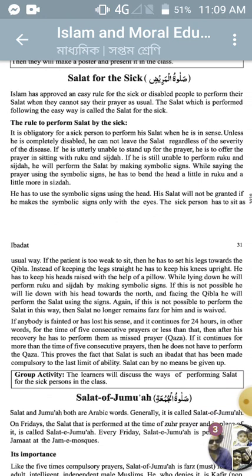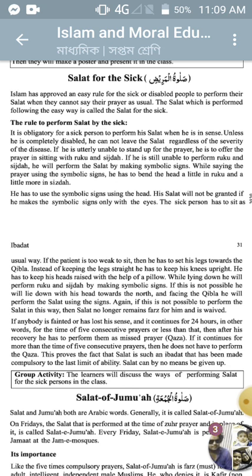If he is totally unable to stand up for the prayer, he is to offer the prayer sitting with the ruku and sijda. If he is still unable to perform ruku and sijda, he will perform the salat by making symbolic signs. While saying the prayer using the symbolic signs, he has to bend the head a little in ruku and a little more in sijda.